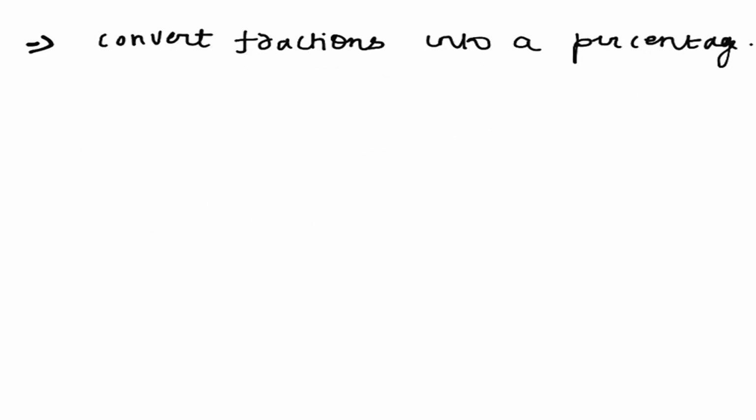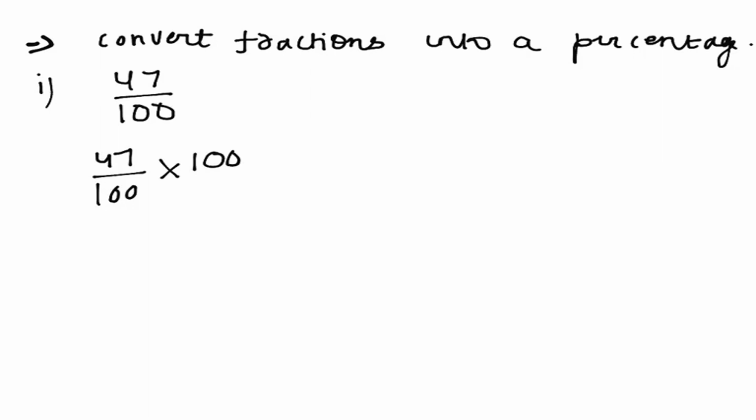Now on the basis of that we have questions like, we have to convert a fraction into a percentage. So suppose we have a fraction like 47 by 100 and we have to convert it into a percentage. To convert it into a percentage, we will multiply the fraction by 100 and put the percentage sign.